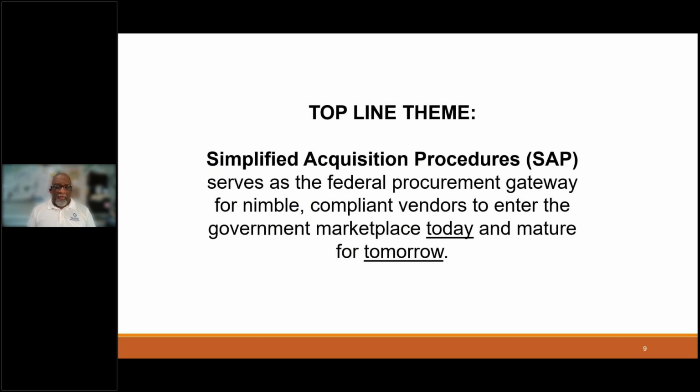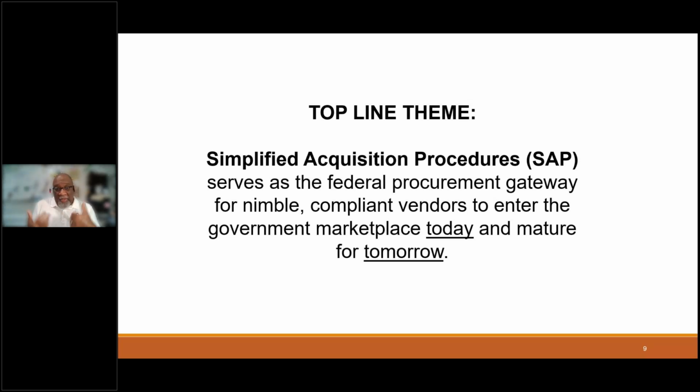So colleagues, the top line theme here is this: simplified acquisition procedures serves as the procurement gateway. Okay? It's a strategy. It's a channel into government. What they're looking for are nimble, compliant vendors, primarily small business vendors. But it's a channel to enter government today and a place to mature for tomorrow.